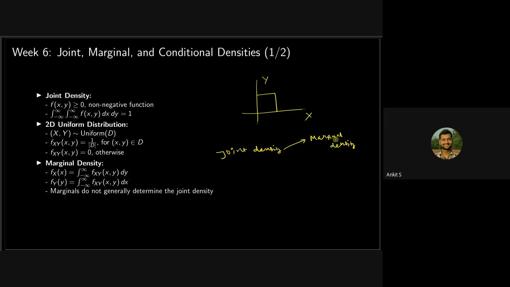But if you are given a marginal density, then you cannot uniquely go to the joint density. Okay, my earlier statement was wrong. One marginal density might correspond to multiple joint densities.